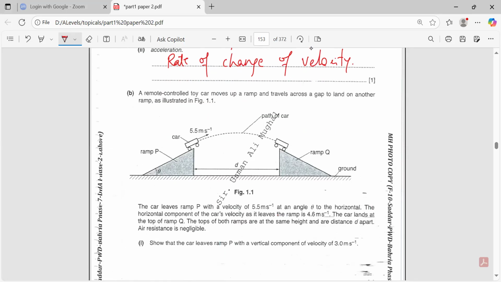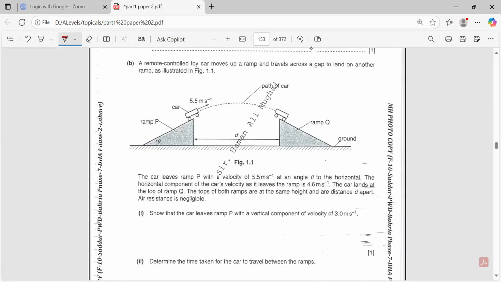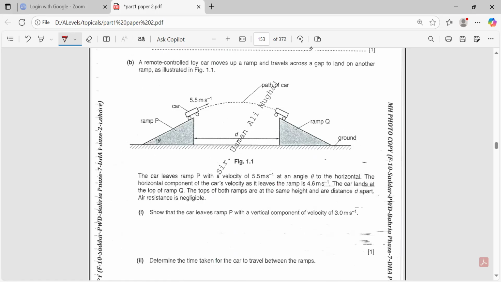Let's see what is being asked over here. There is a remote controlled toy car which moves up a ramp and travels across a gap to land on another ramp. So this is the car, and it is going to move from here to this point. These are the two ramps.